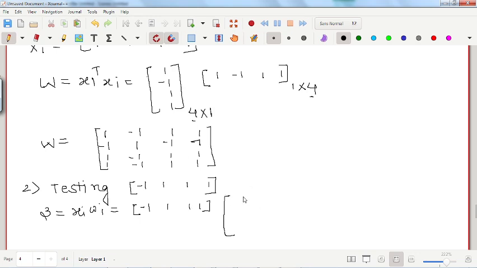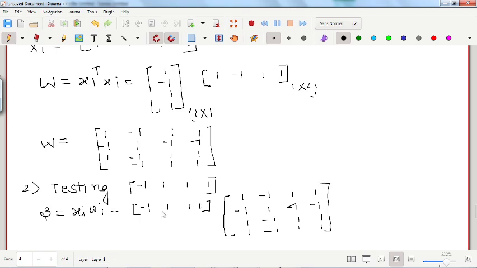This weight matrix. So 1, minus 1, 1 and 1. Minus 1, 1, minus 1, minus 1. 1, minus 1, 1 and 1. 1, minus 1, 1 and 1.